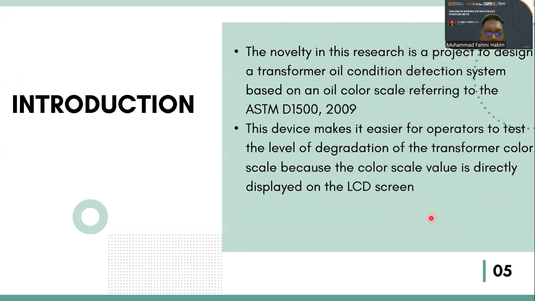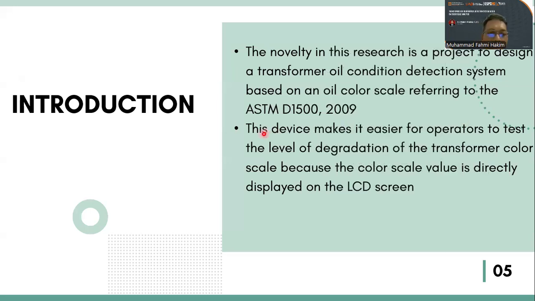And then the novelty offered in this research is a project to design a transformer oil condition detection system based on an oil color scale referring to ASTM D1500 2009.